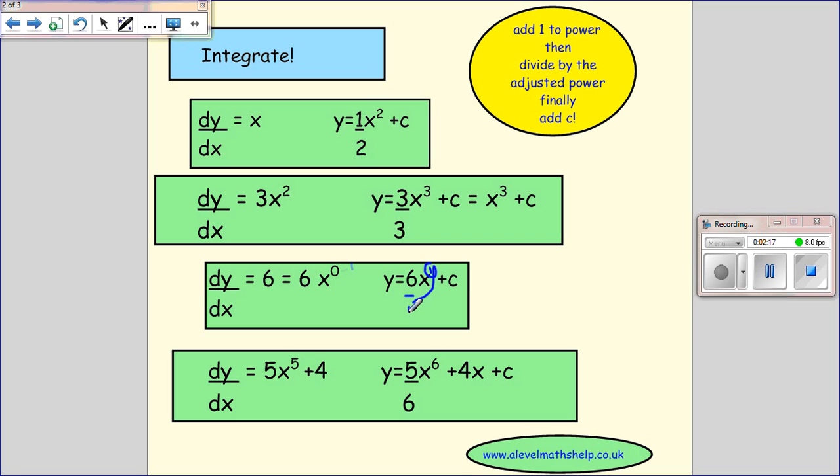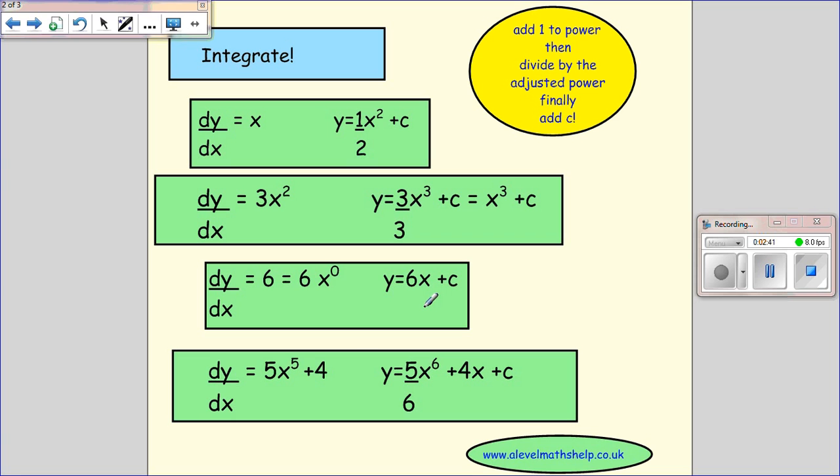So 6 over 1 would just be 6. So we get 6x plus c. So the rule is if you integrate a number on its own, you end up with that number times x. I'll say it again. If you integrate a number on its own, you get that number times x, and that's just something you should learn, so you don't have to fuss with it each time.